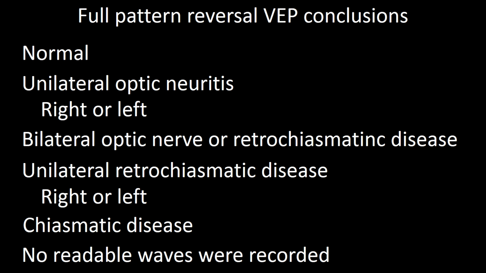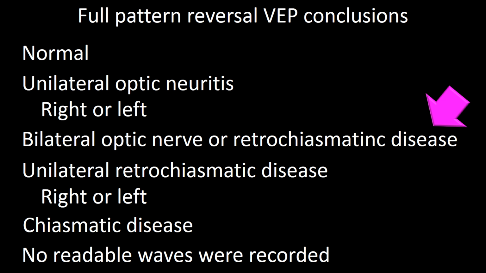Once all is said and done, the full pattern reversal VEP, or more often referred to as pattern reversal VEP, report should include unequivocal conclusions about the test, but not about the patient. The study is reported as normal or consistent with right or left optic neuritis or neuropathy, bilateral optic nerve or retrochiasmatic disease.